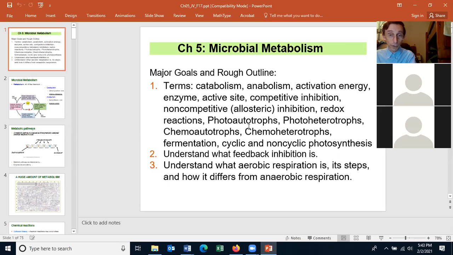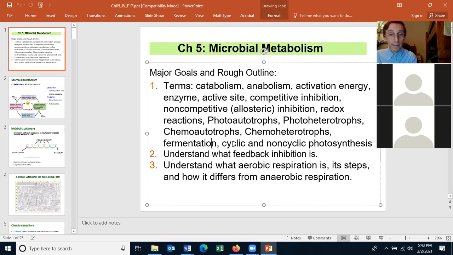You should know what a photoautotroph is, a photoheterotroph, a chemoautotroph, a chemoheterotroph, and you should be able to discuss, if I give you an organism, which of these it is, a photoautotroph or photoheterotroph, etc. You should know what fermentation is, and cyclic and non-cyclic photosynthesis.